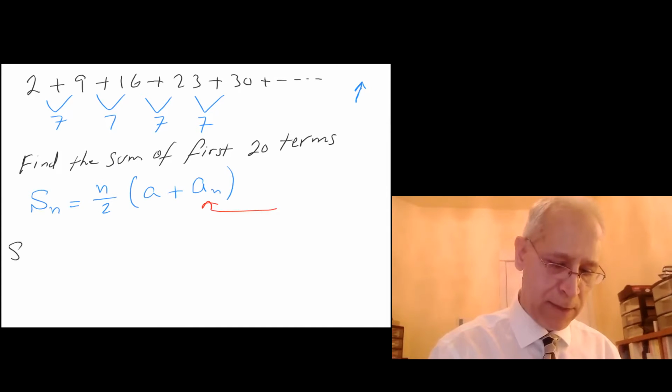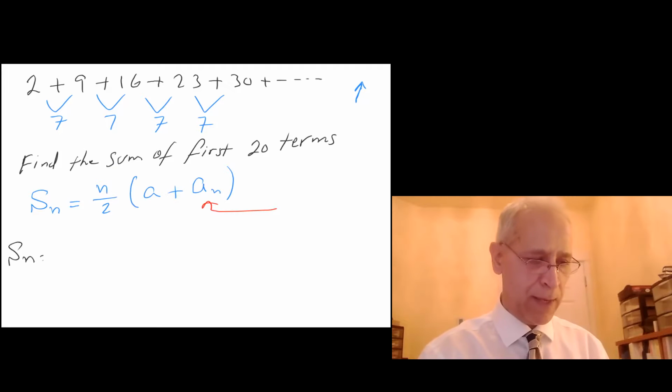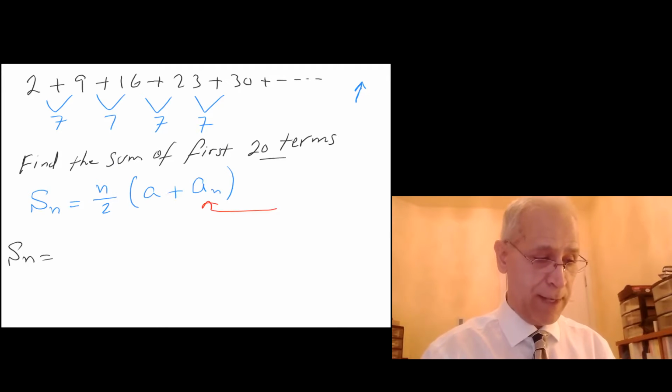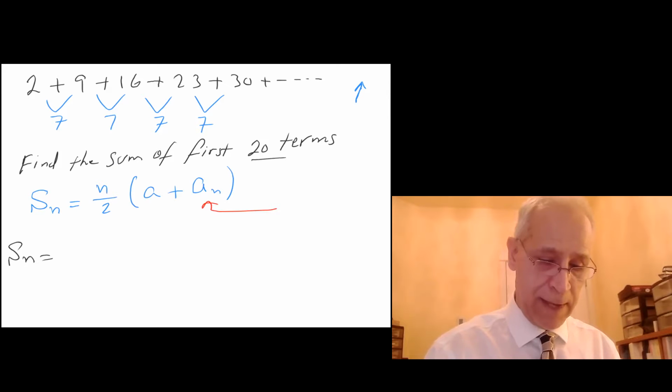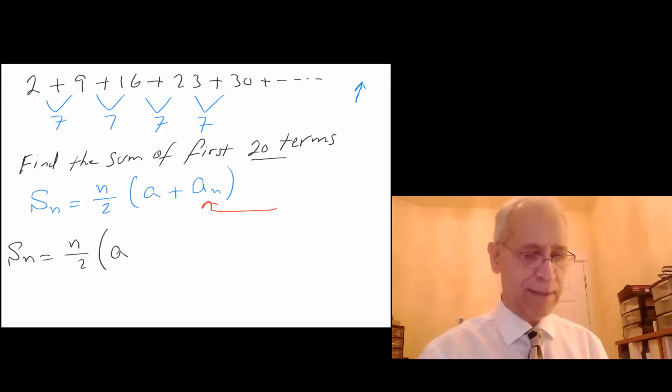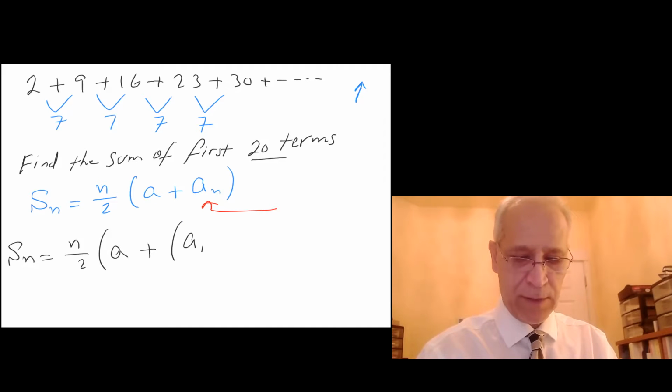Since we are looking for 20 terms, I'm going to exchange a sub n with the formula: the first term plus common difference times n minus 1.